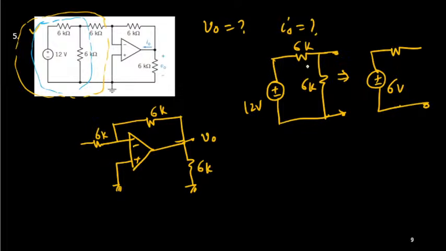And 6K and 6K are connected in parallel, so the equivalent will be half of that, which is 3K. Am I fine? So I can include that here. So I have this network: this is your 6 volt and this is your 3K. Now it becomes very simple. So these two we can combine.